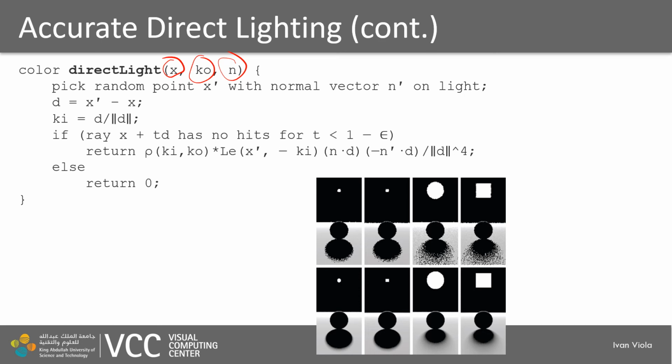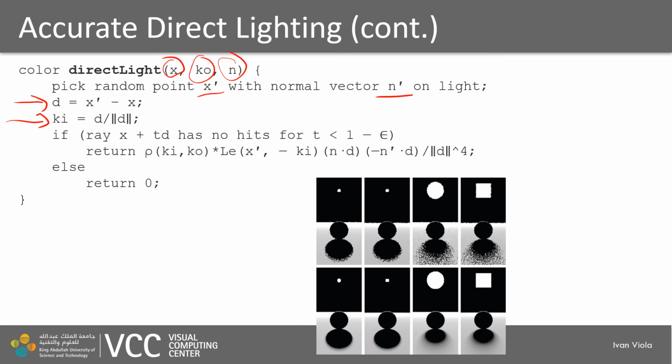So first we pick a random point X prime on the light source, which has the normal N prime, and we do so again with a fair sampling strategy. Then we calculate the vector between these 2 points, and the normalized version thereof will be forming our incoming direction.